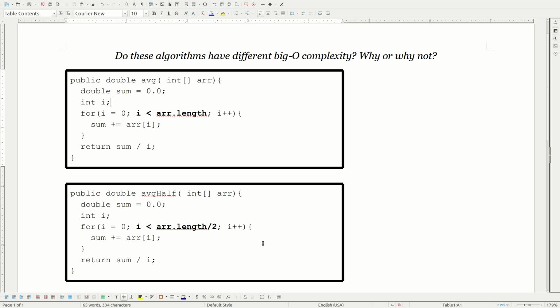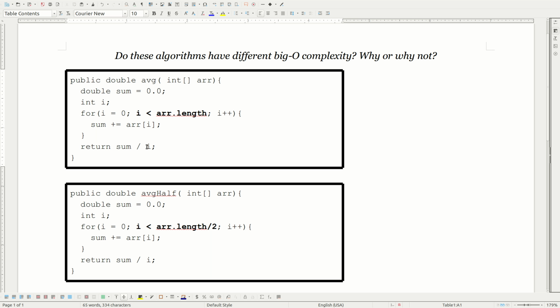The other one might be a little trickier for people. It has some constant portions that are the exact same as the previous version, and it goes from 0 to something. The question you have to ask yourself is, does this number that it uses for its stopping criteria grow in the same pattern in relation to the size of the array?